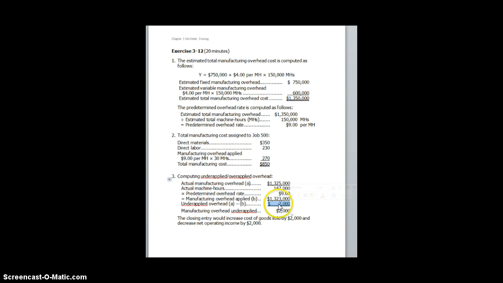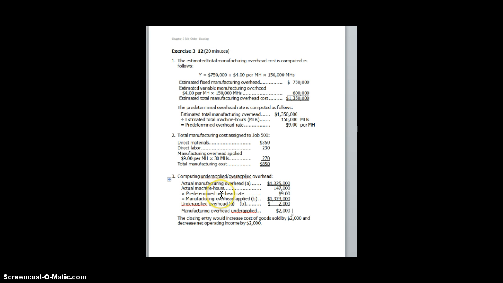Why underapplied? Because for all of the jobs we would have added $9 for every machine hour. We only had 147,000. We expected to have 150,000.